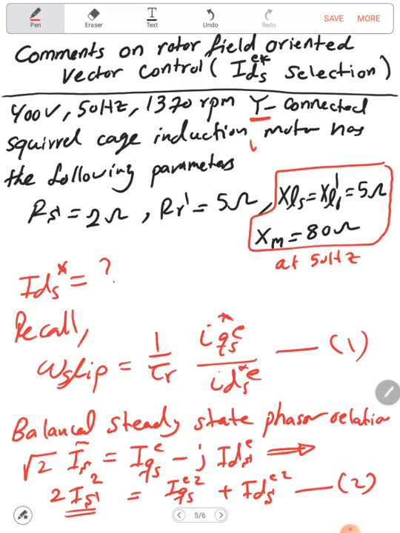So the phase voltage equals V line to line over square root of 3.